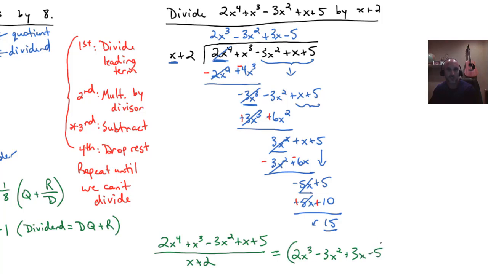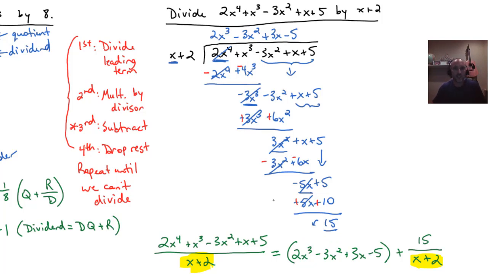That's our quotient, plus the remainder, 15. This is the partial stuff that's left over, 15 over the divisor. Okay, so this is quotient plus remainder over divisor. Notice that the denominator on both sides is the divisor. That's always going to be the case, to help you remember that.